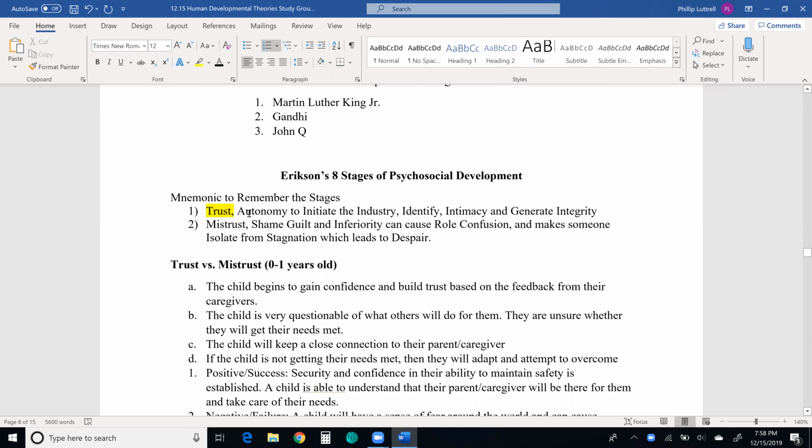So trust, autonomy, we have initiate for initiative, industry, identify or identity, intimacy, and then generate or generativity, and then integrity for the last phase. And then we have mistrust, shame, guilt, and inferiority cause role confusion and make someone isolate from stagnation, which can lead to despair. So trust versus mistrust.